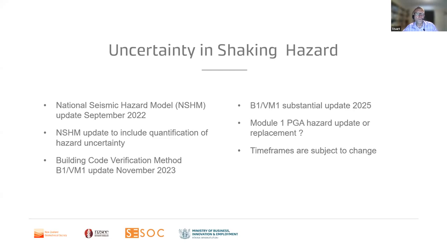And we'll be hearing more about that in the updates of B1 VM1. There'll be some initial updates, perhaps about November of next year, and then substantial updates in 2025. And as Misko's already said, Module 1 is only an interim guidance, so it too will be subject to change as further information becomes available.